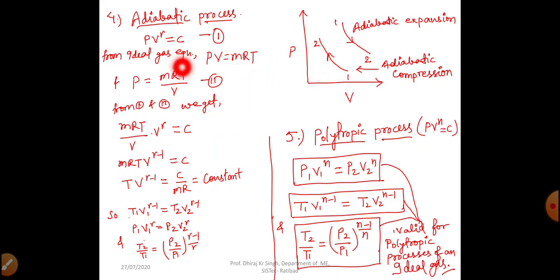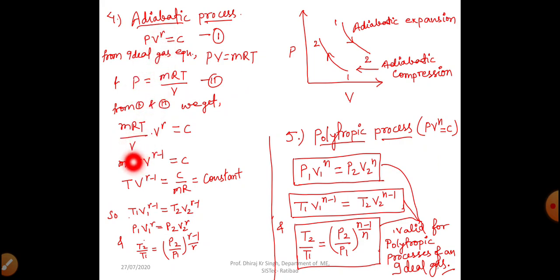From the ideal gas equation we have PV equals mRT, so we can write P equals mRT by V. Our equation 1 is PV to the power gamma equals constant and equation 2 is P equals mRT by V. From these two equations we can put the value of P in equation 1.